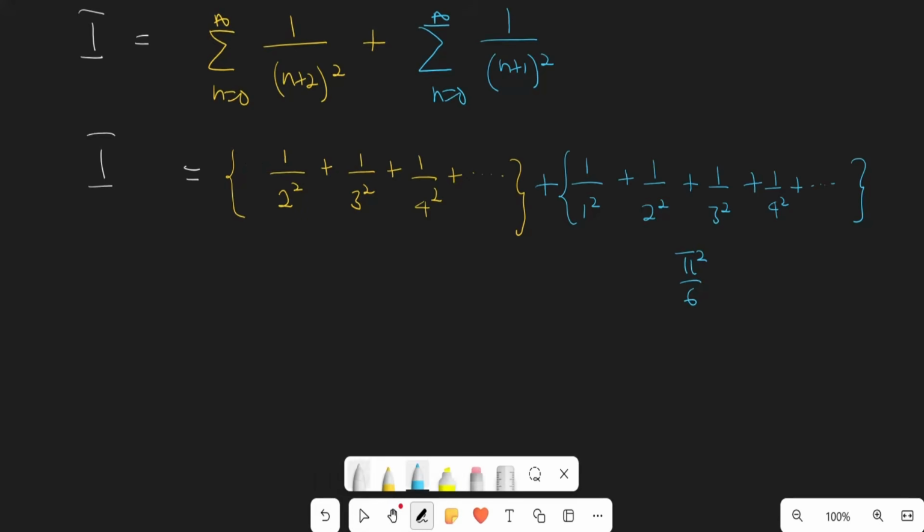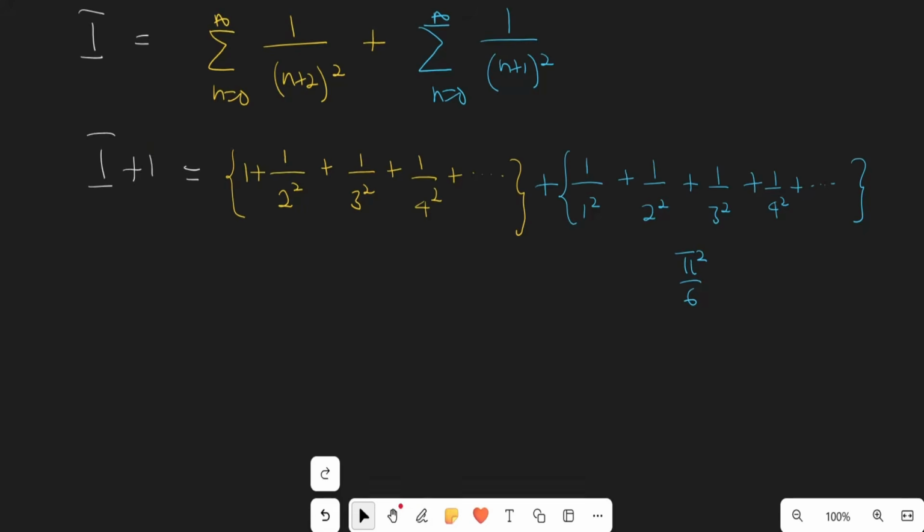So what I'm going to do here is to add 1 to the right hand side. For me to nullify the effect of the one on the left hand side, I have to add 1 to the right hand side as well. So I'll just add 1 here to the right hand side to nullify the effect of this one. Right, so when I do that now, this one becomes a Basel problem as well, because this is 1 over 1 squared, and this one sums to pi squared over 6 as well.